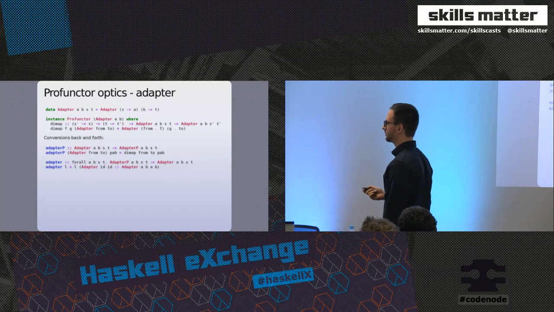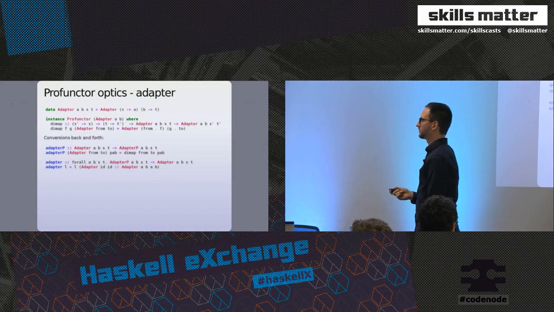If we want to convert from the concrete representation into a profunctor representation, we get an adapter, and an adapter P is something that takes P A B and converts it into P S T, right? So we get P A B, and we have the from function and the to function. The from function has type S to A, and the to function has a type B to T. The first mapping is a contramapping, so the arguments are reversed, and this has exactly the types that we want. So we just dimap.